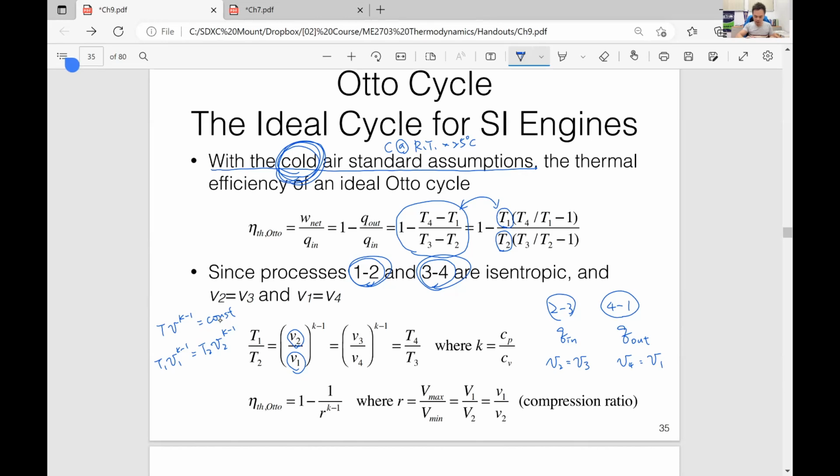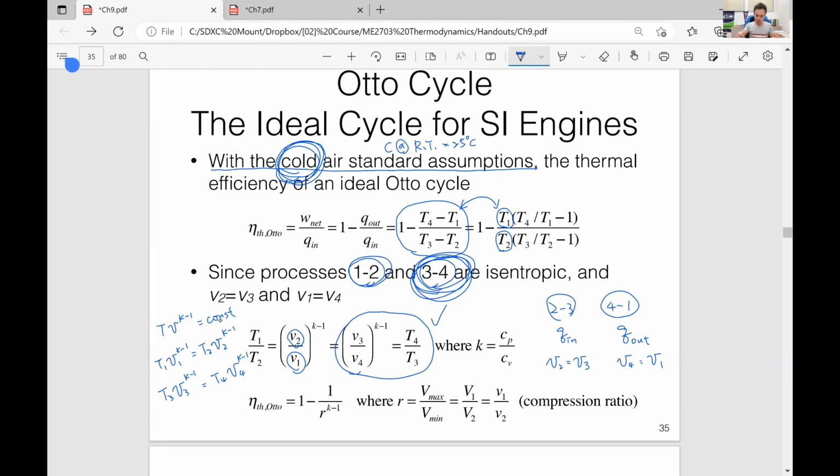Then we just keep K minus 1 here. But 3 to 4 is an isentropic expansion, so it follows that T3 V3 to the K minus 1 equals T4 V4 to the K minus 1. So this is true.